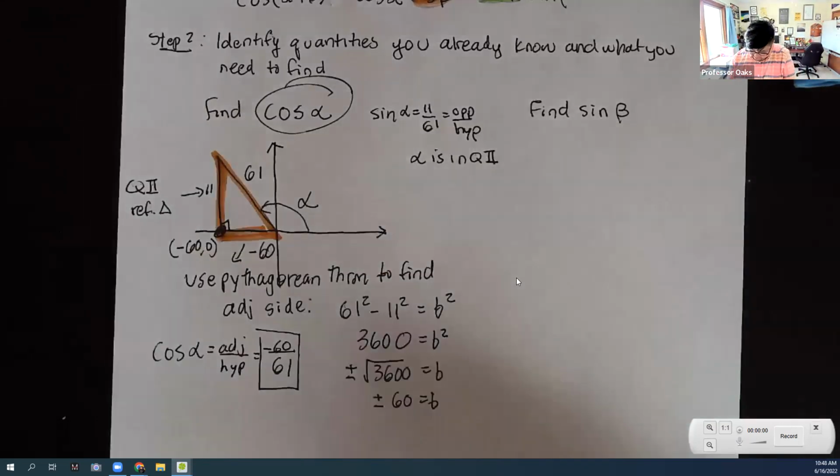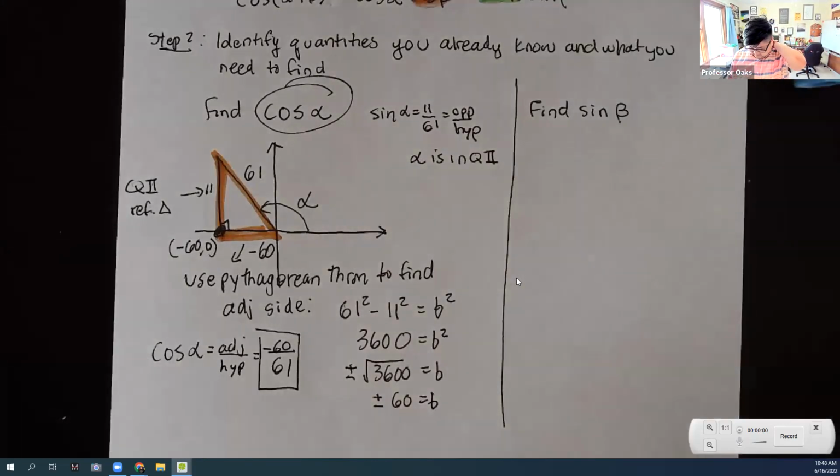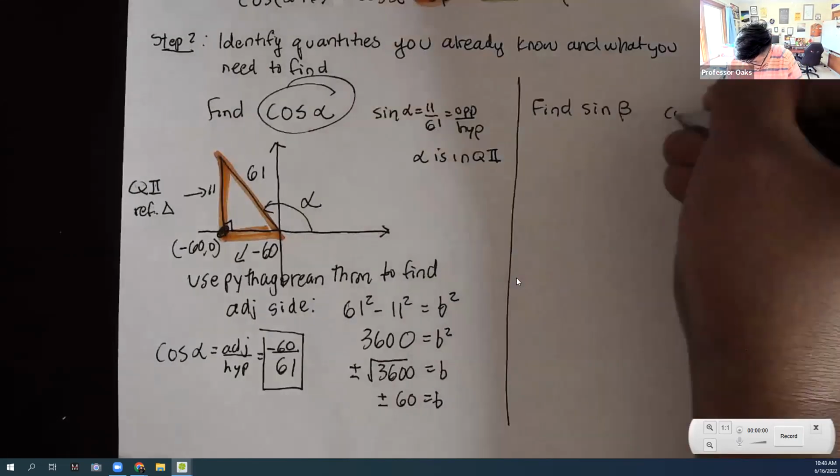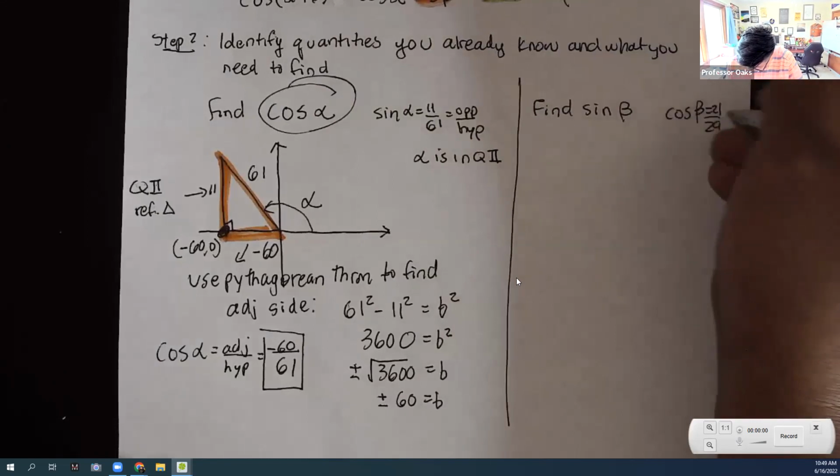And then you can go and find the sine of beta. Same idea: they told you the cosine of beta was 21 over 29, so that's adjacent over hypotenuse.